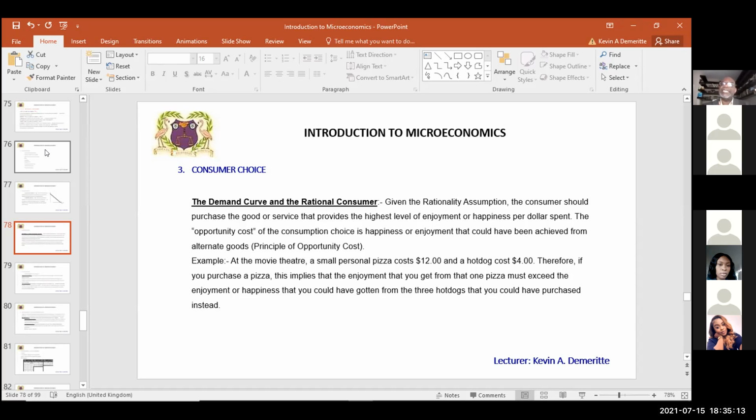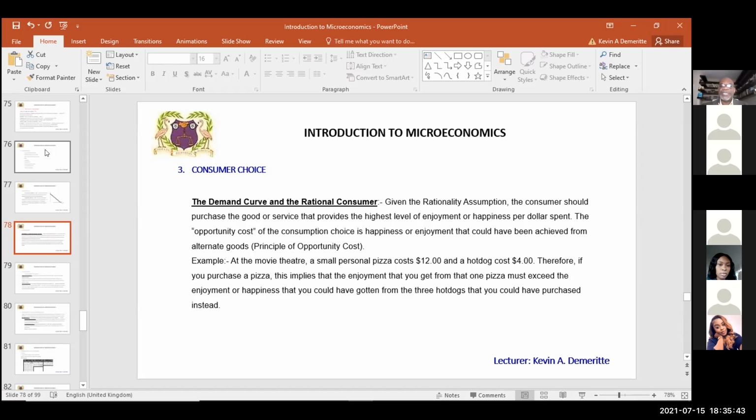So if you insist, "Listen, I really want that pizza," you are in fact saying that the enjoyment, the personal satisfaction, the pleasure you're going to get from consuming that pizza must exceed the enjoyment or happiness or satisfaction that you would have gotten from the 3 hot dogs combined. Because otherwise, you would have gotten 3 hot dogs.